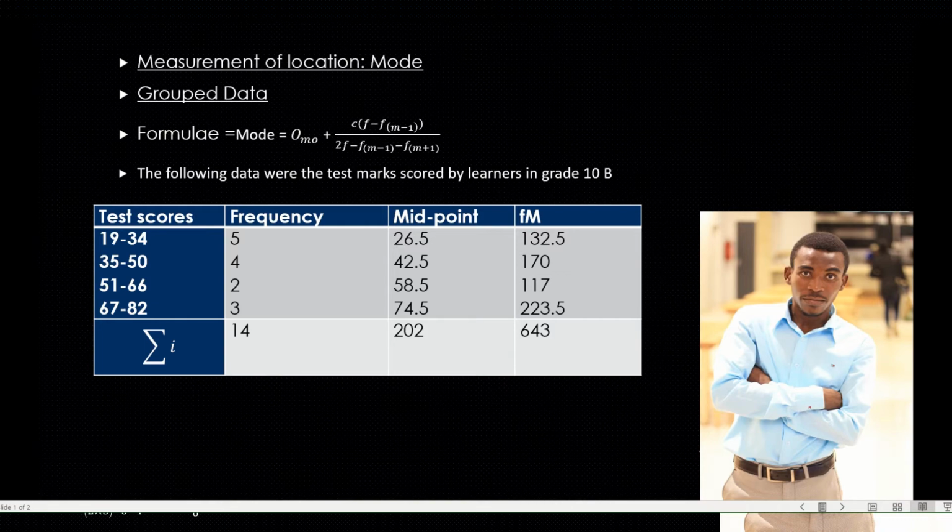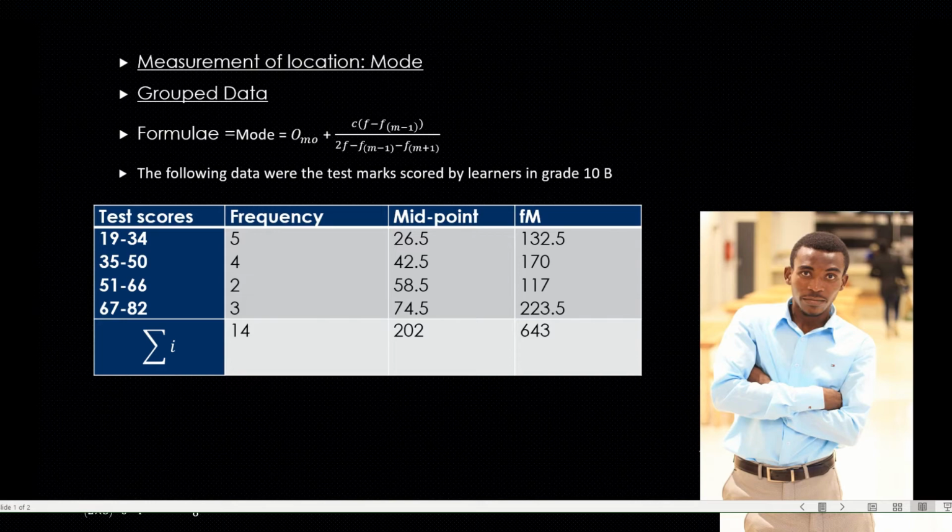The frequency of class 19 to 34 is 5, the frequency of class 35 to 50 is 4, the frequency of class 51 to 66 is 2, and the frequency of class 67 to 82 is 3.